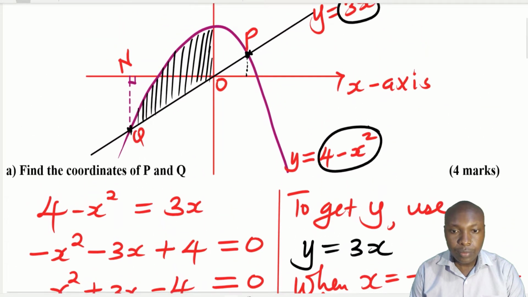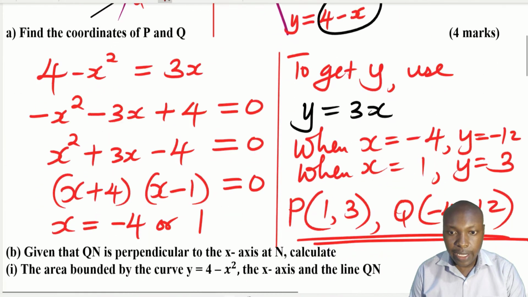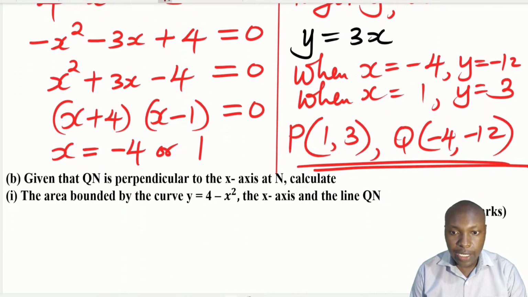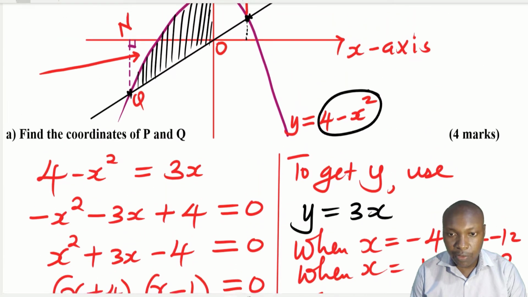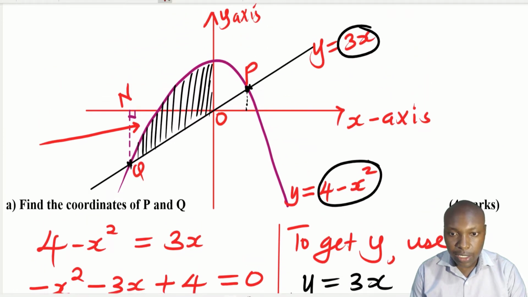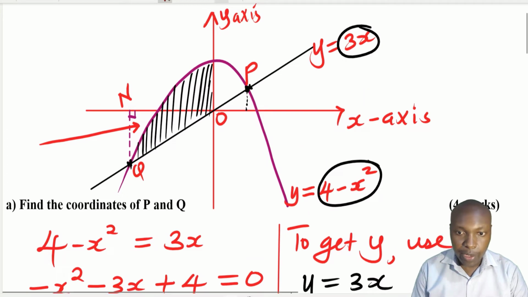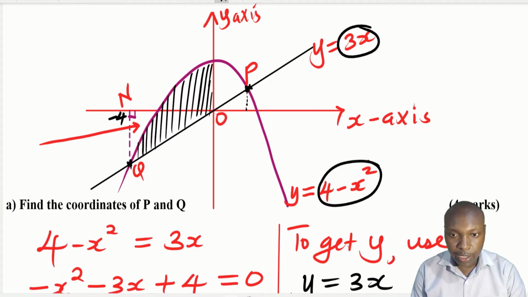You can see QN, and the area bounded by the curve, the x-axis and QN is that region that I've indicated there by use of the arrow. That is the area that is unshaded.